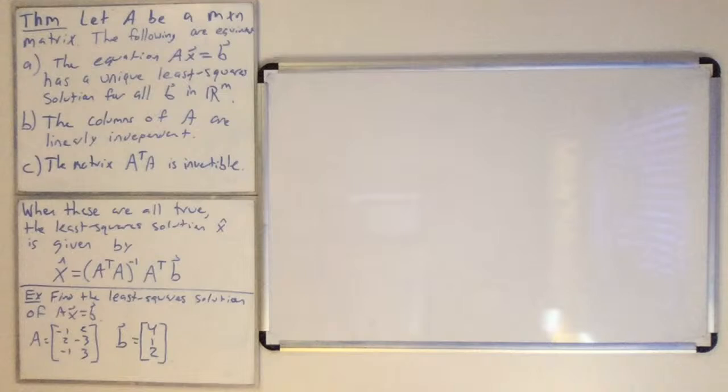Okay, so you should confirm that the columns of A are linearly independent, and then we're allowed to use this theorem. The theorem tells us how we would find the solution. I'll give you a minute and a half or so to work this out. Ask any questions you may have in the chat, but then we can work it through together.